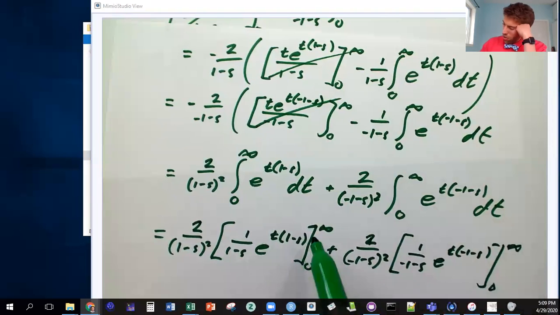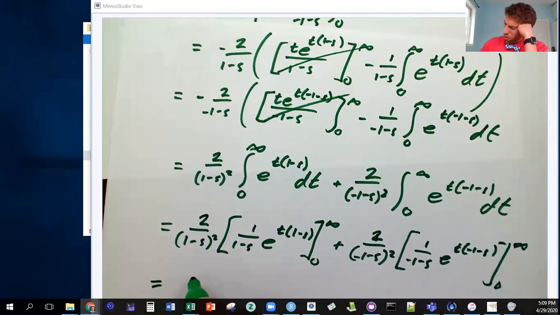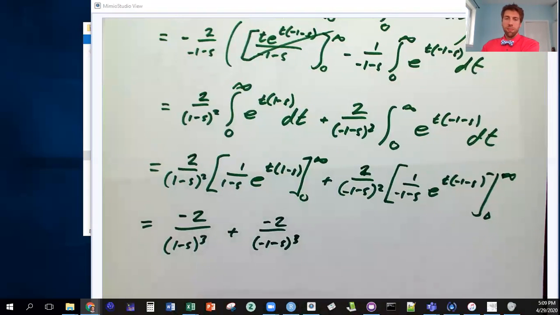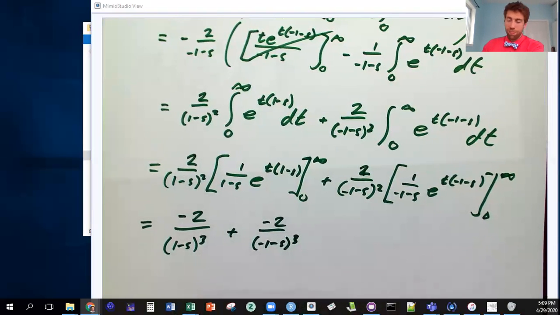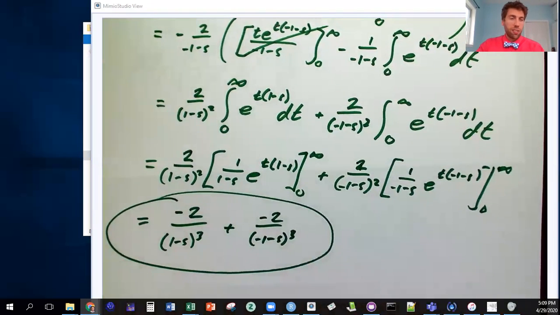As t goes to infinity, that term goes to 0. So you're left with negative 2 over 1 minus s cubed plus negative 2 over negative 1 minus s cubed. There you have it. That completes that problem.